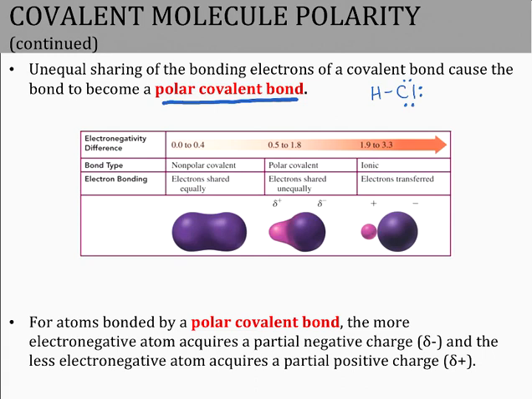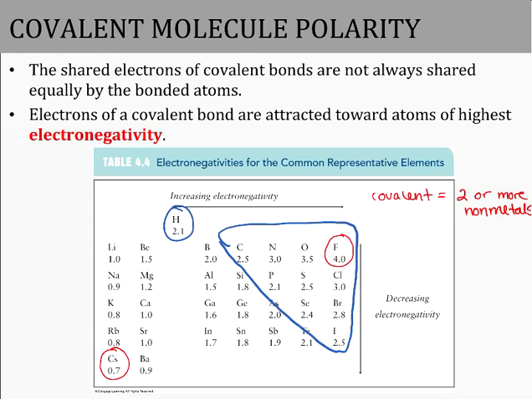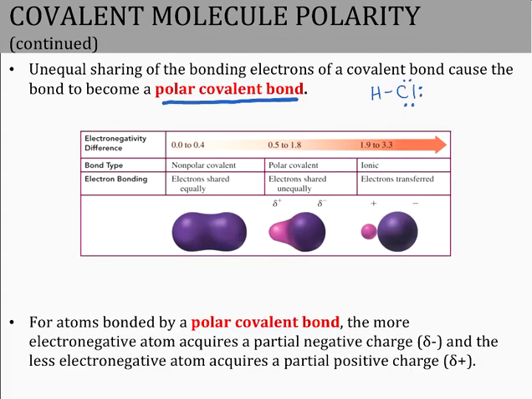And now let's go back to our chart on the last slide. So hydrogen has an electronegativity value of 2.1. Chlorine has an electronegativity value of 3.0. Okay, so let's go back to our molecule.